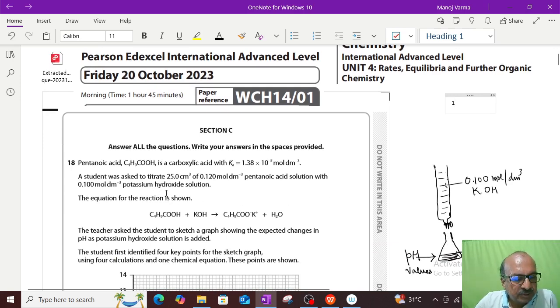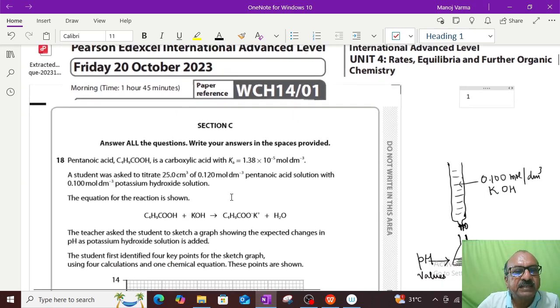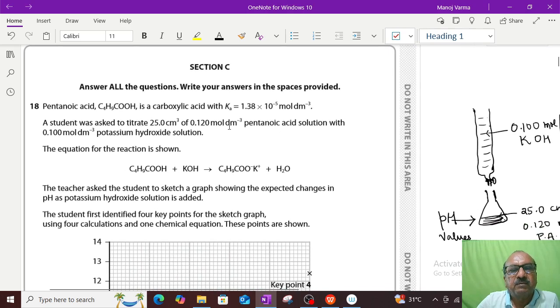So the question says that pentanoic acid is a carboxylic acid with a Ka value of 1.38 times 10 raised to minus 5. A student was asked to titrate 25 cm³ of 0.12 mol/dm³ pentanoic acid solution with 0.100 mol/dm³ potassium hydroxide solution.